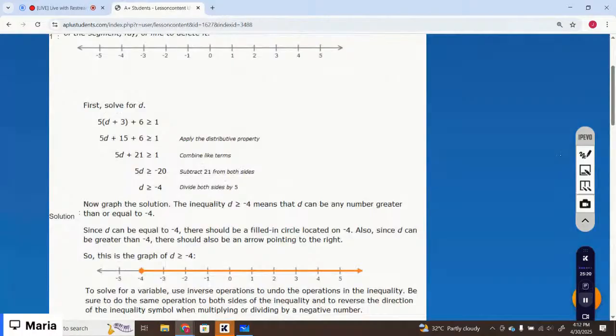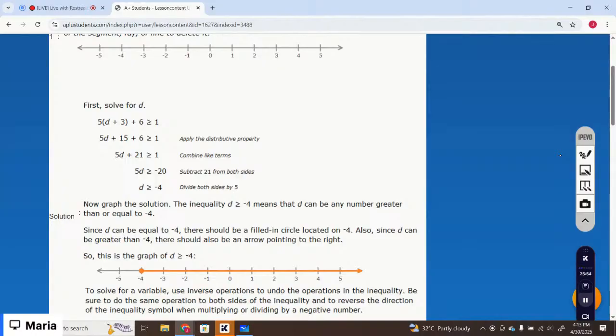Just multiply 5 with d plus 3, that is 5d plus 15 plus 6 is greater than or equal to 1. So 15 plus 6 is 21. 5d plus 21 is greater than or equal to 1. Now subtract 21 from both sides.